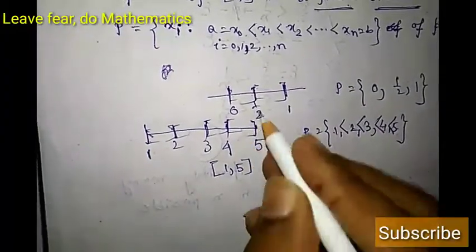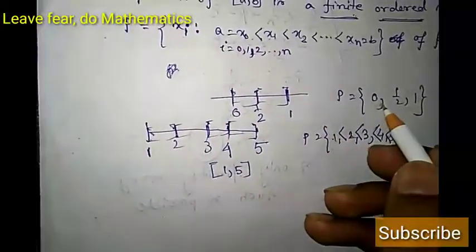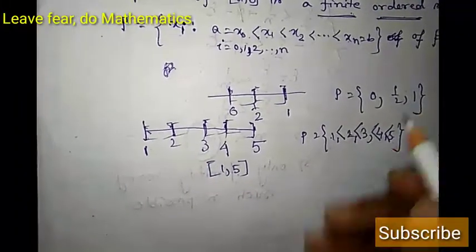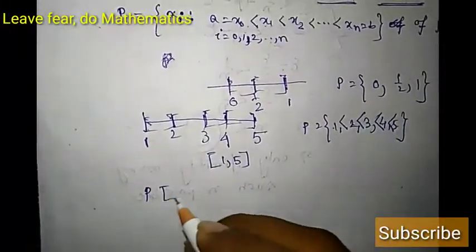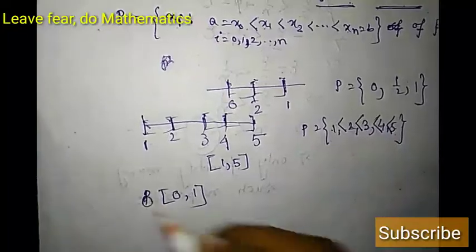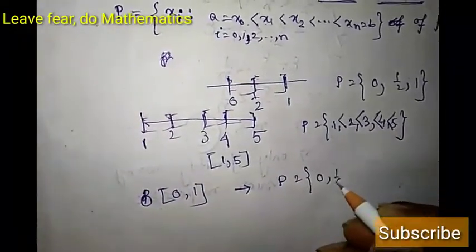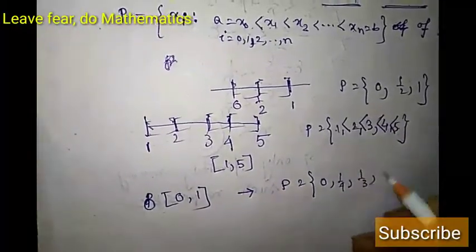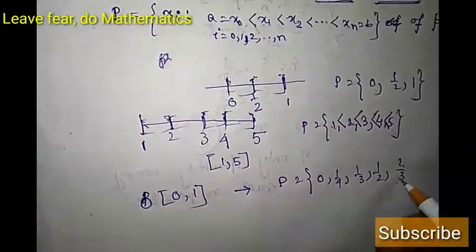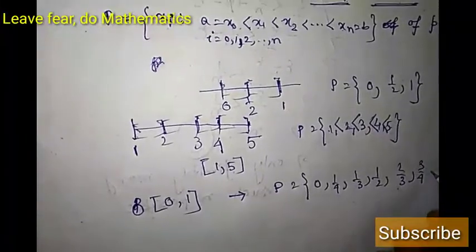We have taken the partition of the closed interval 0 1 as 0, half, 1. We can also partition it like this. We can choose the points 0, 1 over 4, 1 over 3, 1 over 2, 2 over 3, 3 over 4, 1.